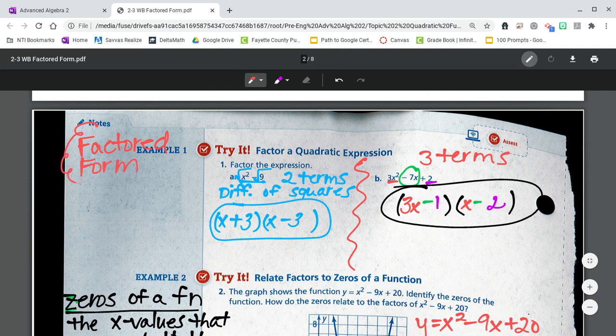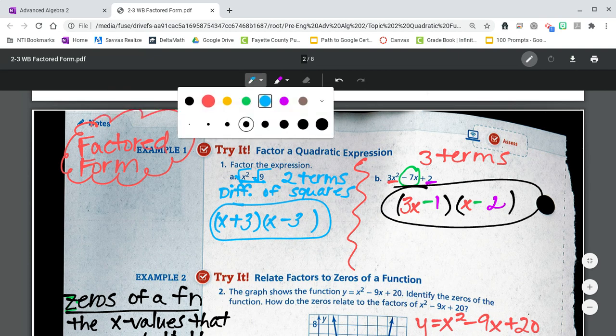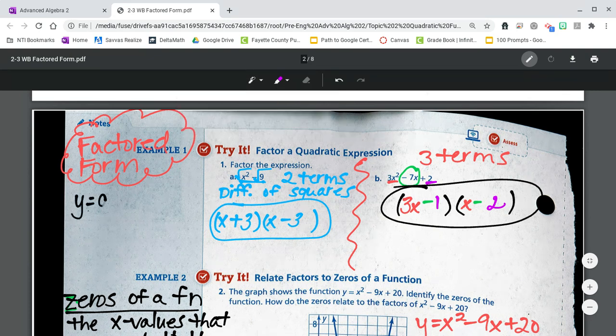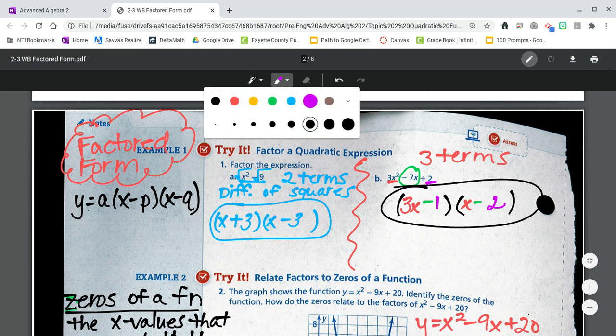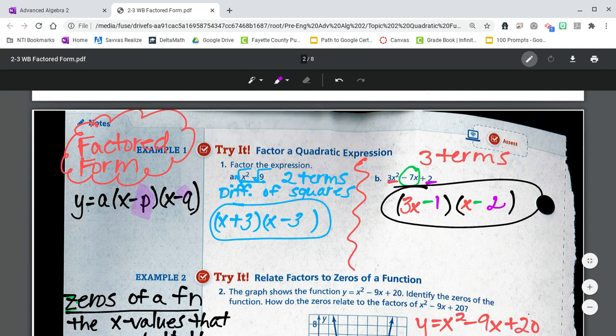So the factored form is written as y equals a times x minus p times x minus q. And you're like, wait, what's that a? Okay, so the p and q are the x-intercepts. And notice when they're in the parentheses, we have to take the opposite of them.